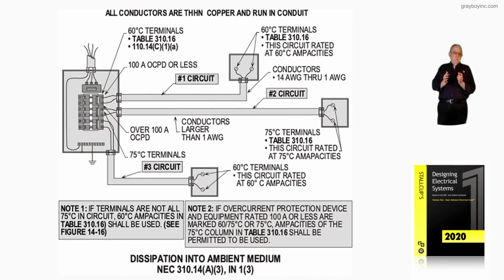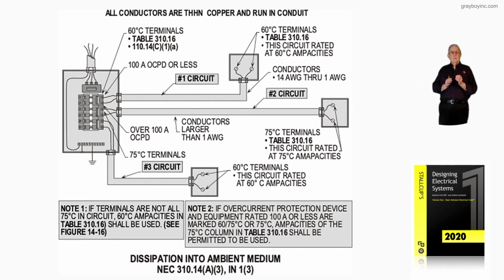If you happen to have 75 degree C terminals, then notice I could use a number 3 that's good for 100 amp. So that's why number 14 through number 1 are listed in 110.14(C)(1)(a).